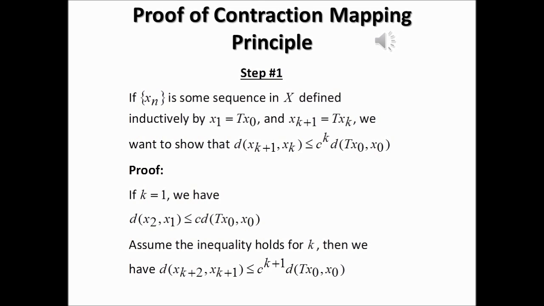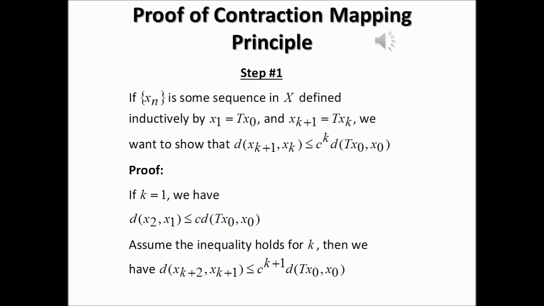Now, the second step in the proof is to assume that the inequality holds for k. That is, the ordinary distance between x_{k+1} and x_k is less than or equal to c to the power k times the ordinary distance between T of x_0 and x_0.